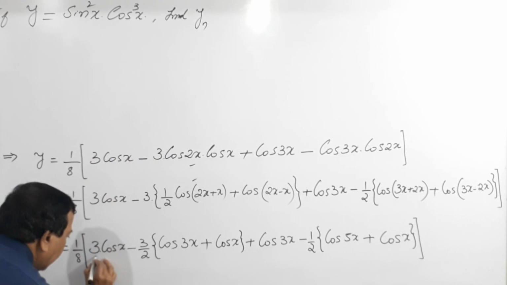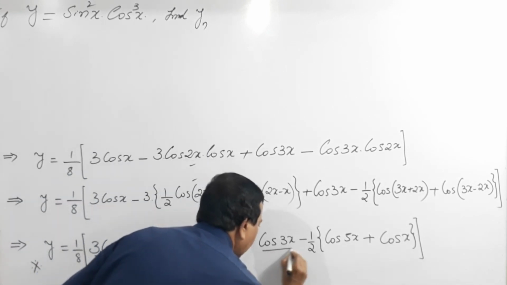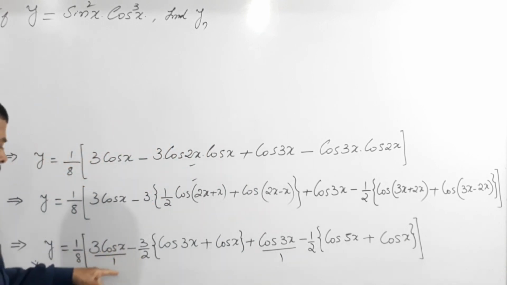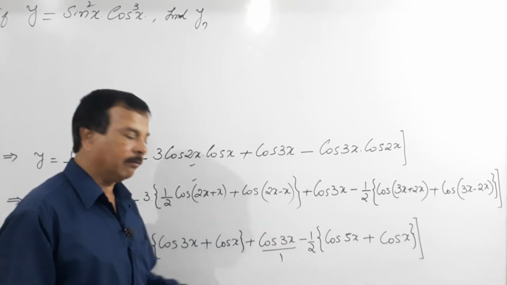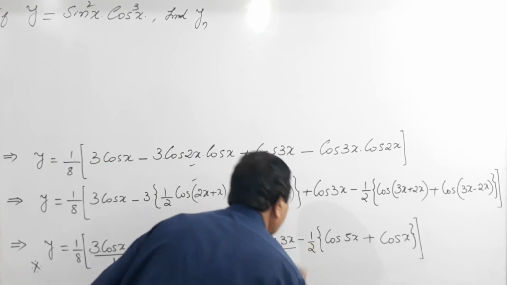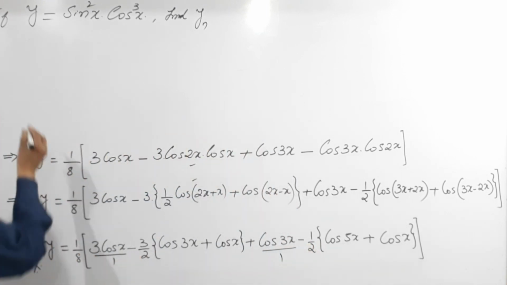I will write 1 below this. Here also I will write 1. So that is 3 cos x by 1 minus 3 by 2. Here also cos 3x by 1 minus half. I will write this half a little to this side, minus half. Done.